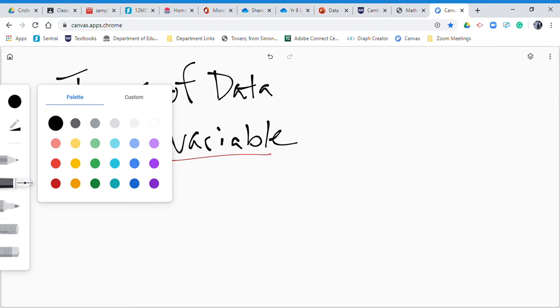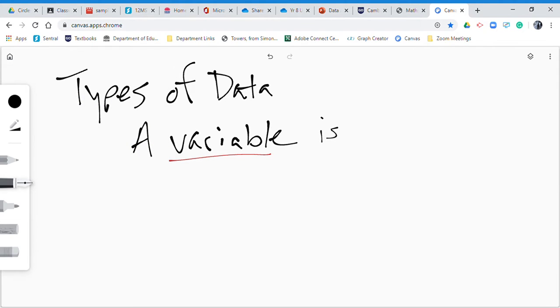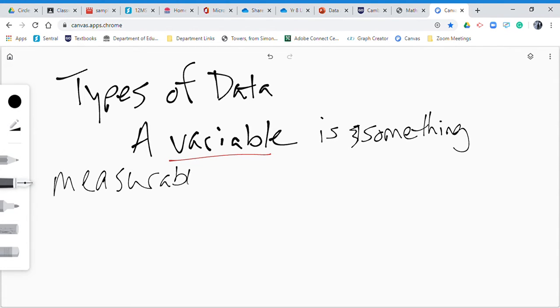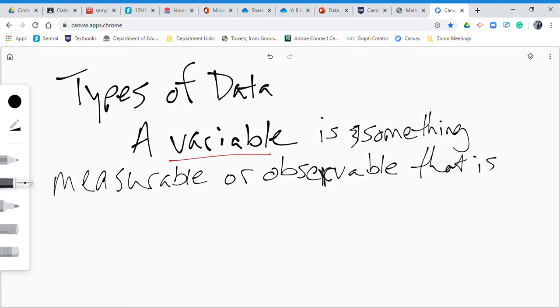A variable is something measurable or observable that is expected to change over time.